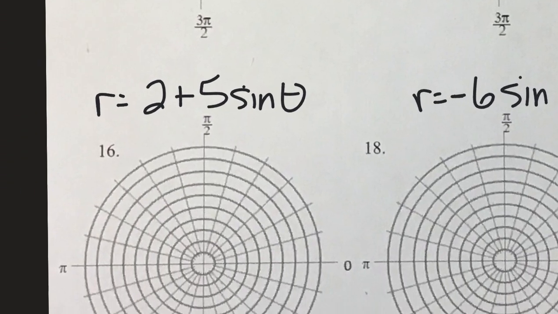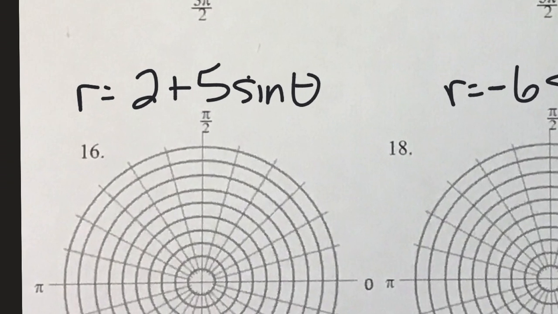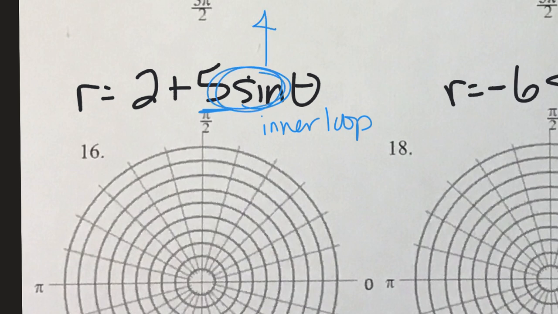Let's see what else. We have 2 plus 5 sine. So once again, the b value is bigger, so this is an inner loop. And it's in the sine direction, which is the 90 degree, or the pi over 2, or the positive y-axis pole. So our loops will be going up.